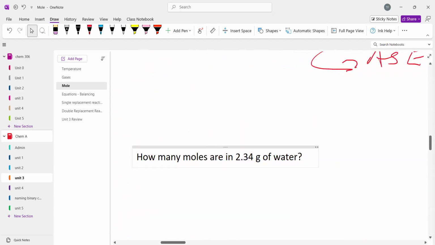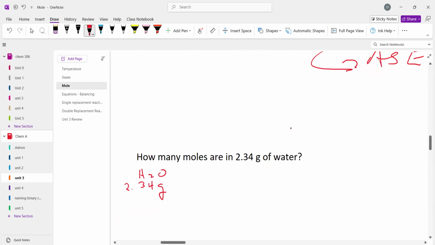Okay, how many moles are in 2.34 grams of water? And we just calculated the molar mass for water. It's 18.02 grams per mole. So given, now this goes back to unit 1, what's given? 2.34 grams of water.